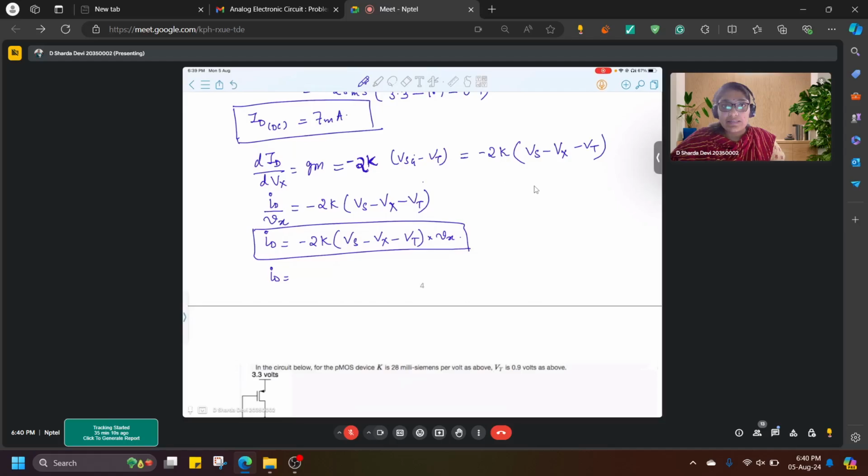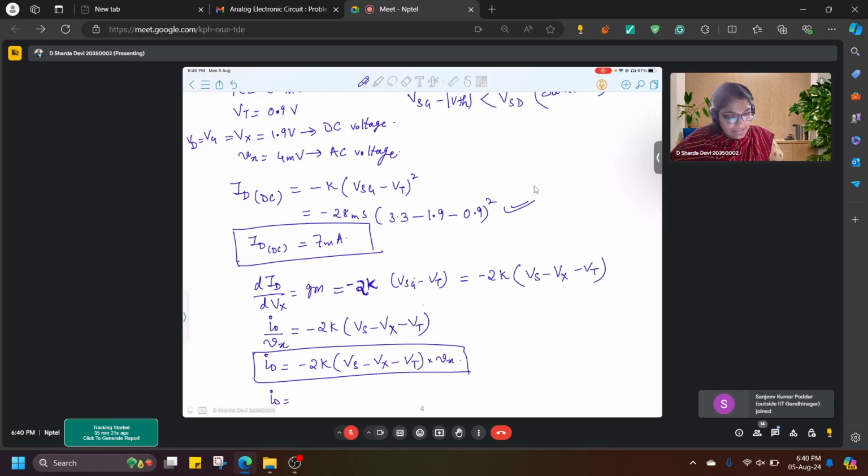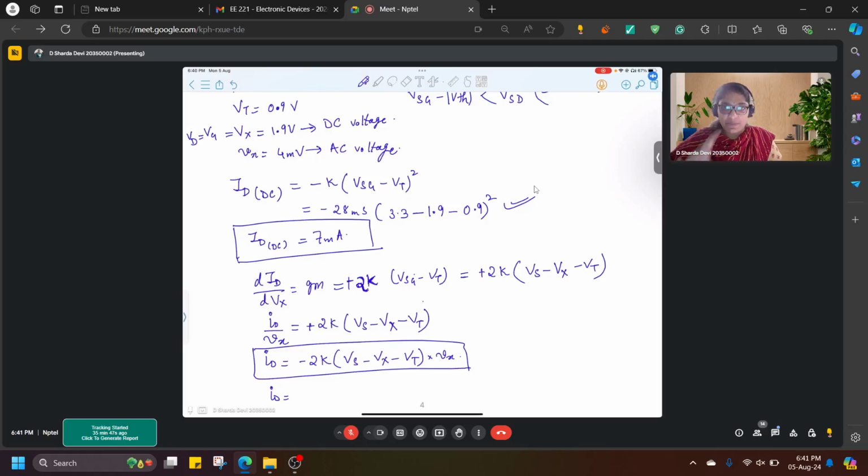Yes, can you explain the formula where dID by dVX equals gm equals minus 2K into (VSG minus VT)? Yes, actually we know it is minus K (VSG minus VT) whole square. This minus will also be cancelled, because the minus from VG appears with VX, so this minus is of no use to us. Now we simply differentiate capital ID with capital VX.